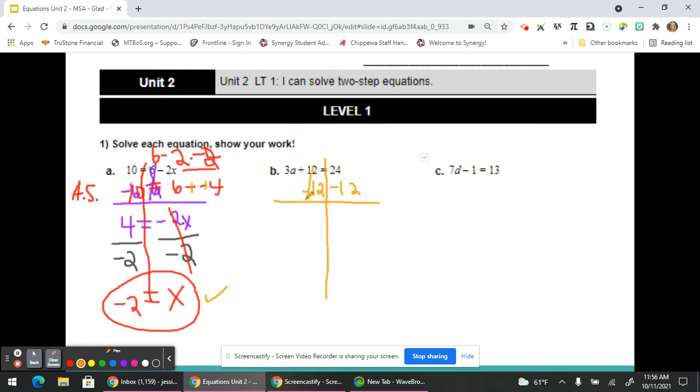Keep on going. 12s cancel. 3 times A is equal to 12. You're almost there. So 3 times A means that you're going to use the inverse of multiplying by 3. Divide by 3 on the left. Divide by 3 on the right. 3 divided by 3 is 1A. A equals, you finish that one off.